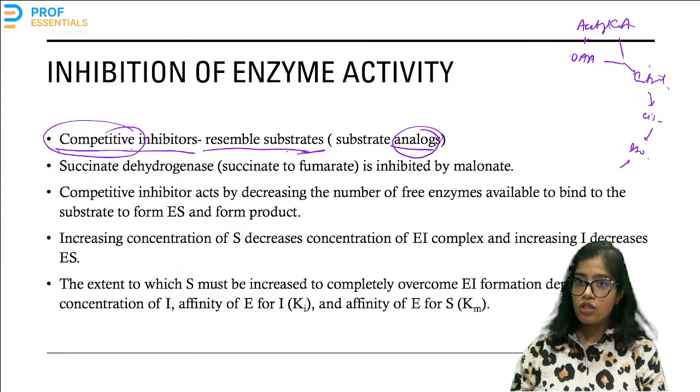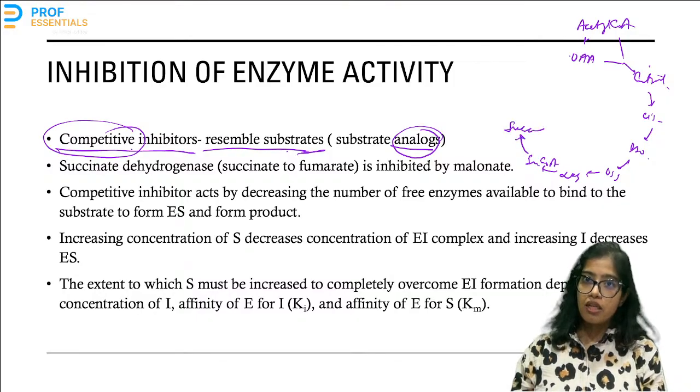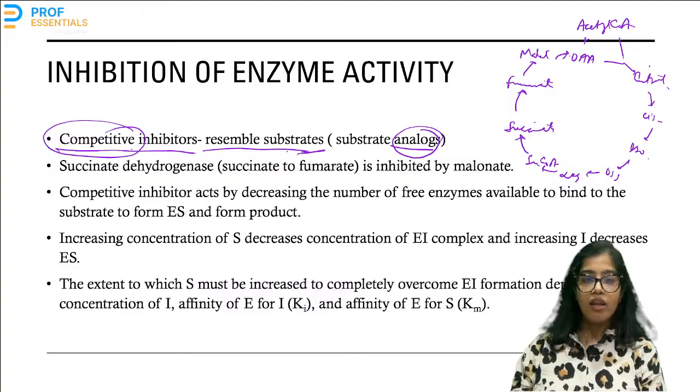Isocitrate changes to oxalosuccinate. It changes to alpha ketoglutarate. It changes to succinyl CoA. Succinyl CoA changes to succinate. Succinate changes to fumarate. Fumarate changes to malate, and malate then replenishes oxaloacetate to continue this cycle.